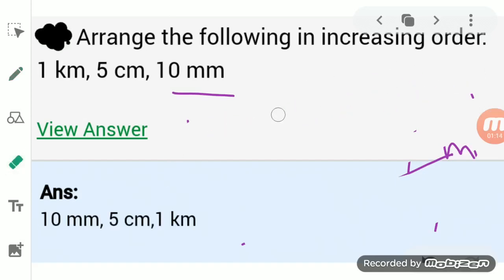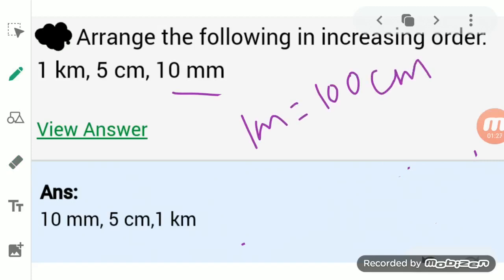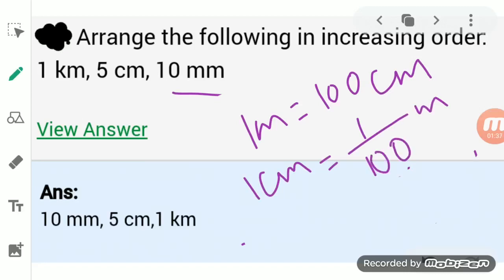Now again, suppose we want to convert 5 centimeter into meter. We know that 1 meter is equal to 100 centimeter. Opposite to that, 1 centimeter is equal to 1 by 100 meter.